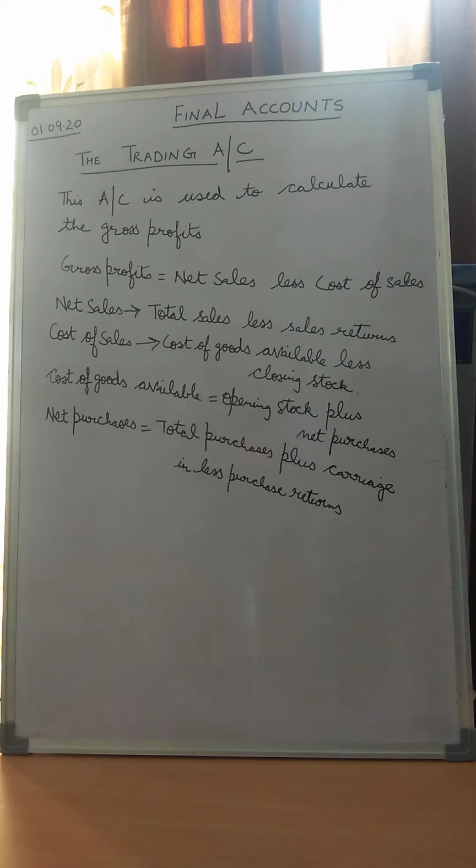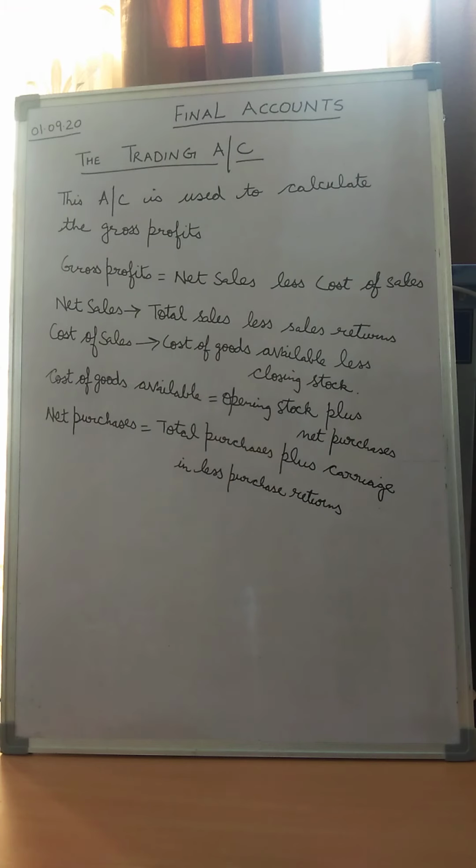The trading account and the P&L account, that is the profit and loss account, children, are prepared to know the results of business operations, that is net profit or net loss during a given period.